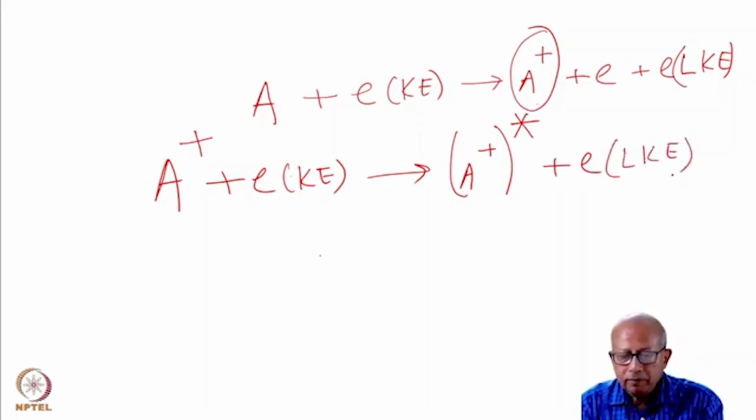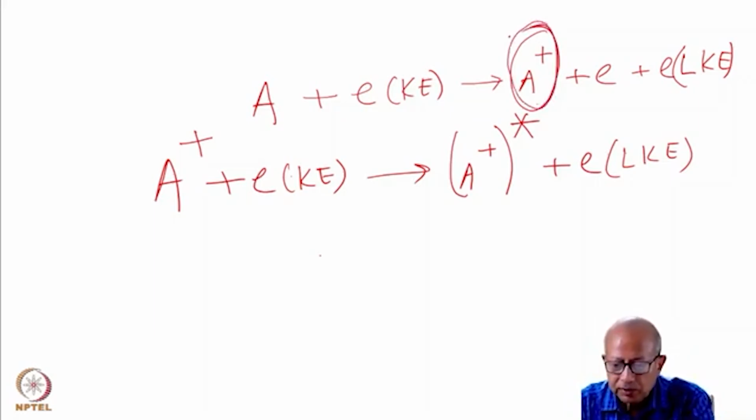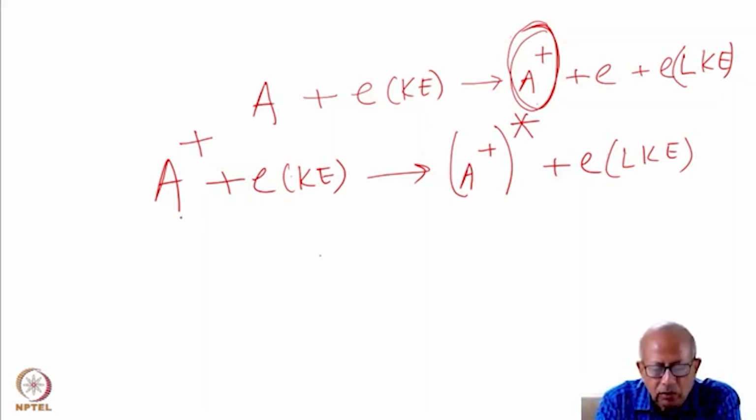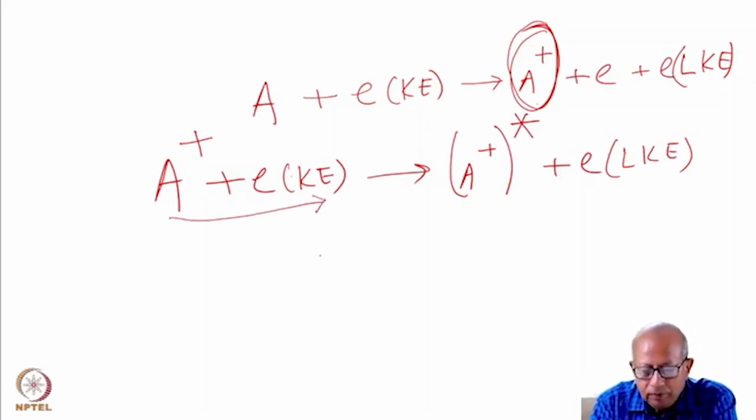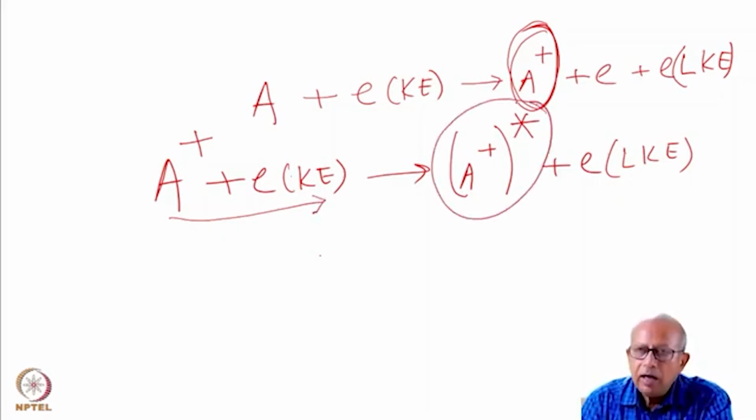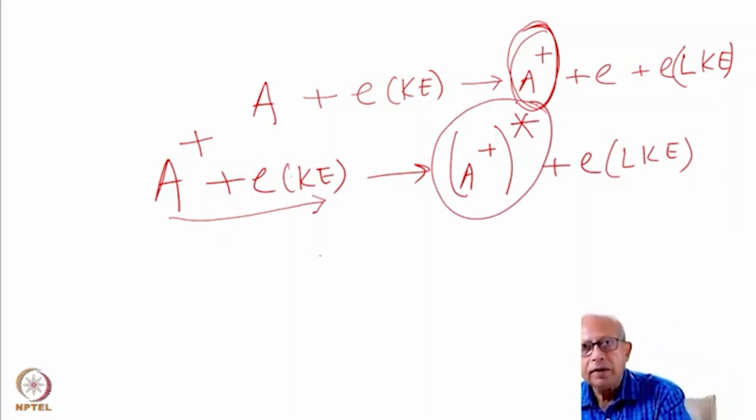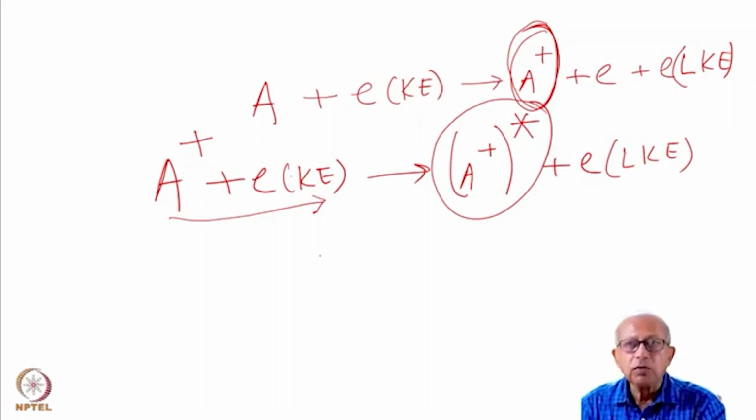So here, first you create the active ions, active species, then the active species will again collide with an electron, inelastic collision, and you will then create the excited state and eventually realize population inversion, a prerequisite for the process of lasing.